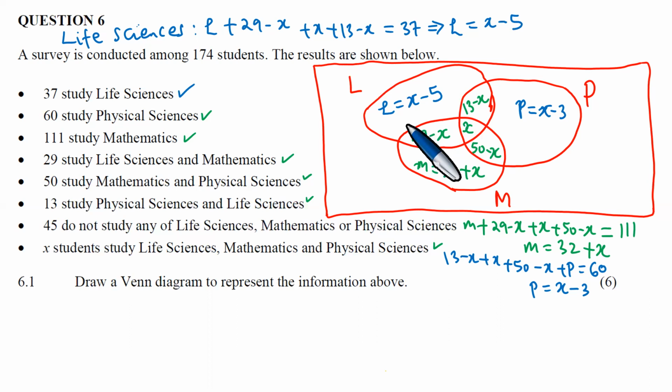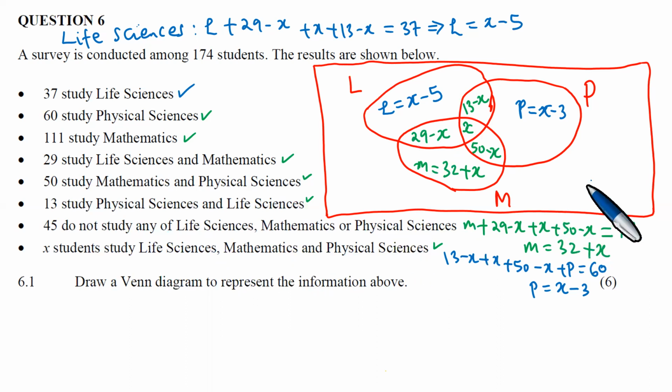We are not done yet. We did this, we did that one, this one. It helps to tick so that you can see we need to deal with the 45 now. We dealt with the x. 45 is the only one that's left. 45 do not study any life sciences, mathematics, or physical sciences.